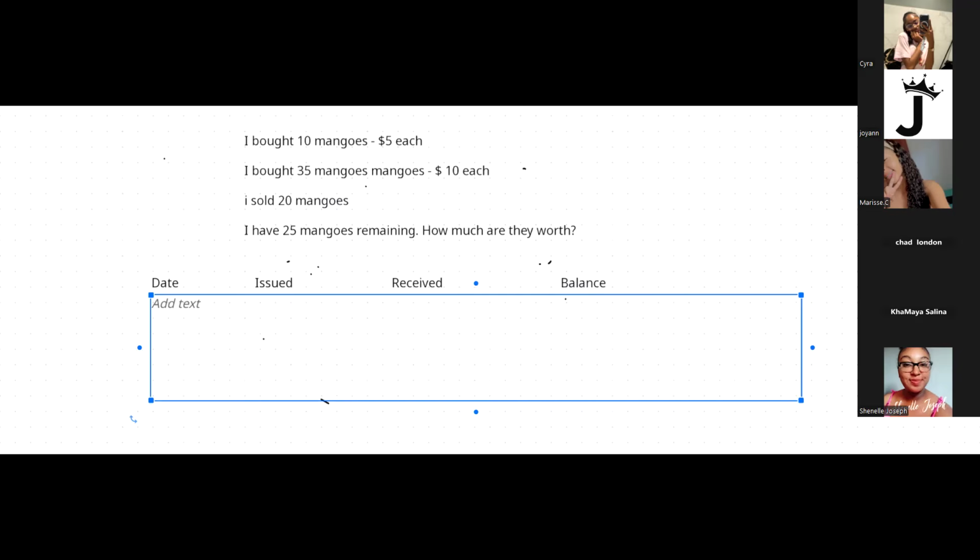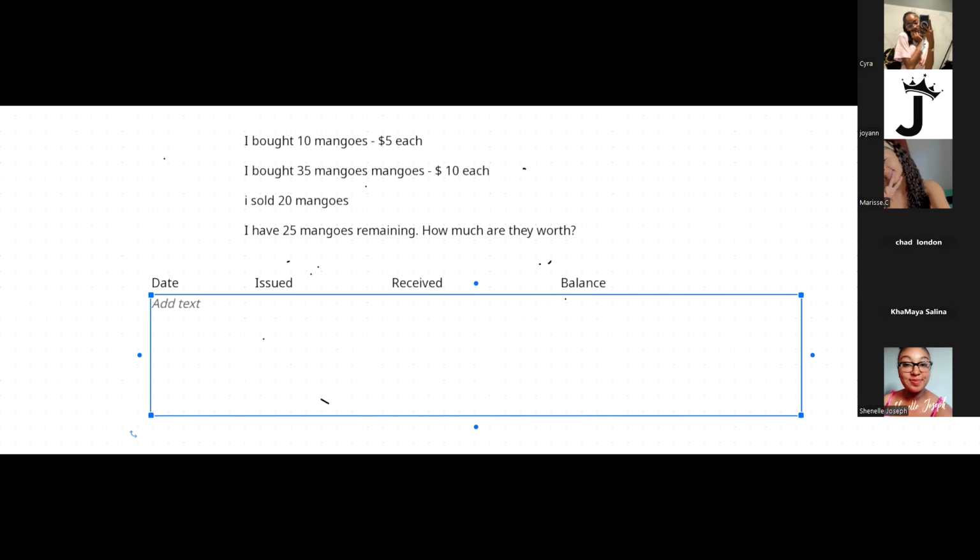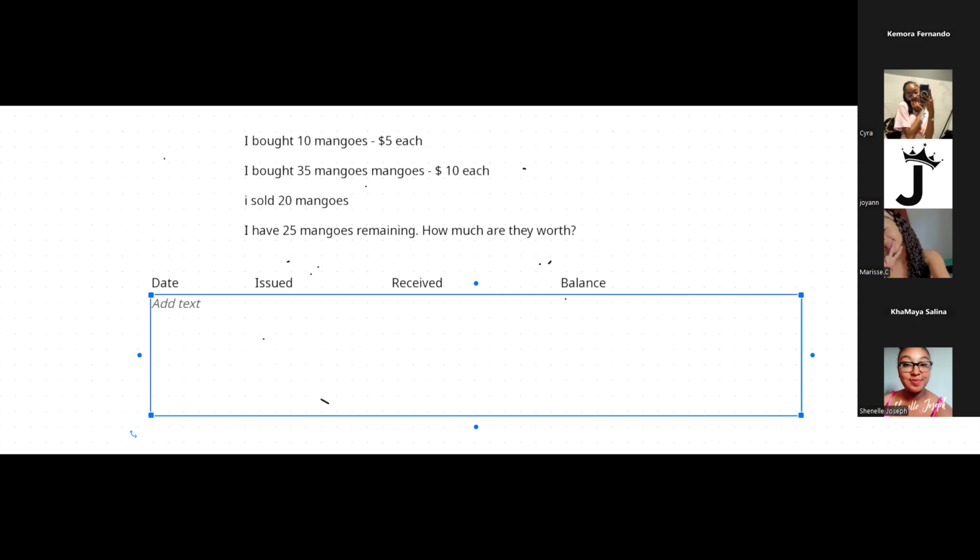So I sold 10 of the mangoes that were $5 each, because that was the first set of goods to come in. And then where will I get the next 10 from? The 35. So I'll take 10 mangoes from the 35 at $10 each. So my balance now would be the first set of 10 mangoes gone and 10 from the 35 gone.